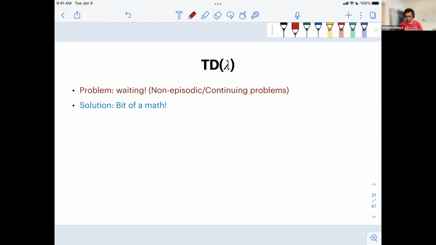As with anything, we can do a bit of math to find a solution, which is what I'll be doing now. So let's start with lambda returns, which is GT lambda, which is just a convex combination of different n-step returns.